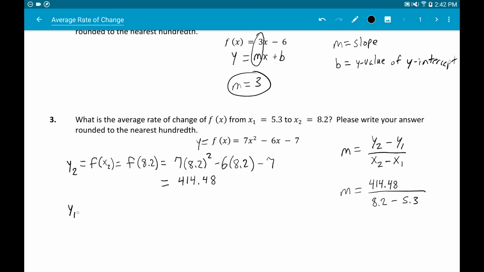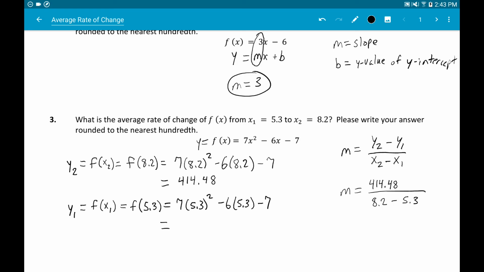Then we need our y sub 1 value, so we'd plug x sub 1 in to get our y sub 1 value. In this particular question it says x sub 1 is 5.3. So we've got to plug in 5.3. 7 times 5.3 squared minus 6 times 5.3 minus 7.